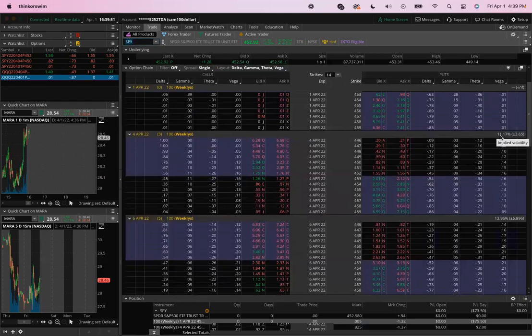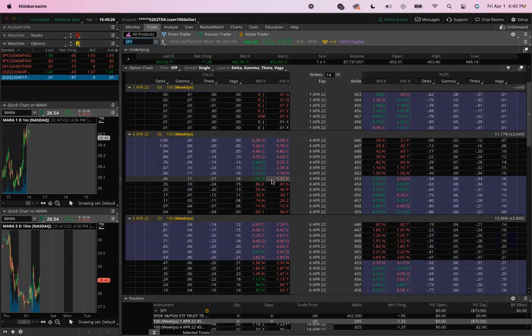So if SPY implied volatility rockets up to 15% in a day, which would affect this number right here, then these contracts are going to go up. It would be $60 on top of this, so they would go from 125 to 185 just from Vega, right? If nothing else changed, if Delta, Gamma, and Theta didn't change, Vega alone would cause these contracts to go up. That'd be like 33%, right?